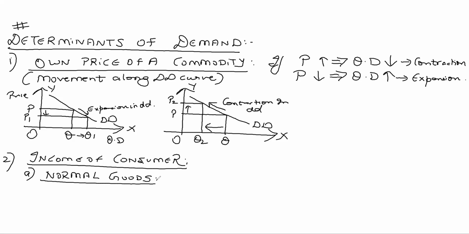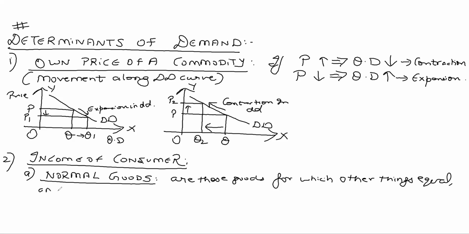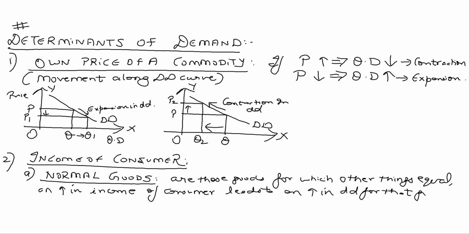So normal goods are those goods for which, other things equal, an increase in income of the consumer leads to an increase in the demand for that good.